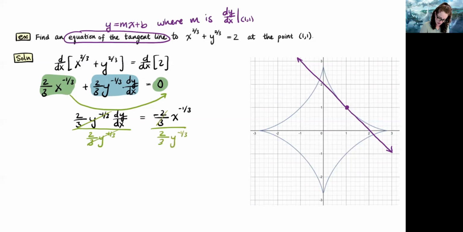Now the 2/3 and the 2/3 can just cancel out. We don't need to worry about doing anything crazy with dividing by a fraction. It's just a number divided by itself. And so no matter what that number is, we can just cancel them out. We'll just get 1. However, the top one is negative, so we still have a negative there.